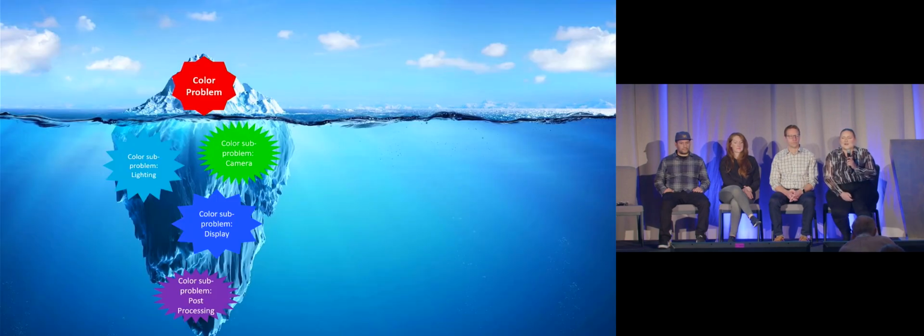Something that we were introducing last year is that this really is an iceberg analogy for what we're trying to describe in color management. So at a surface level, we're seeing things as a color problem, but especially in this infrastructure, there's so many other sub-problems that are there, whether it's how we're lighting things on set in combination with how cameras are perceiving both light coming from an LED wall and those lights on set.